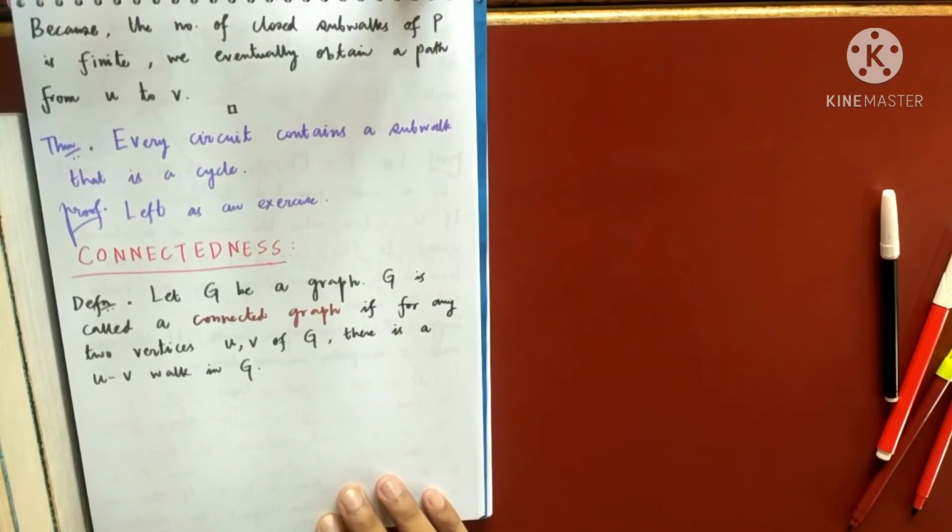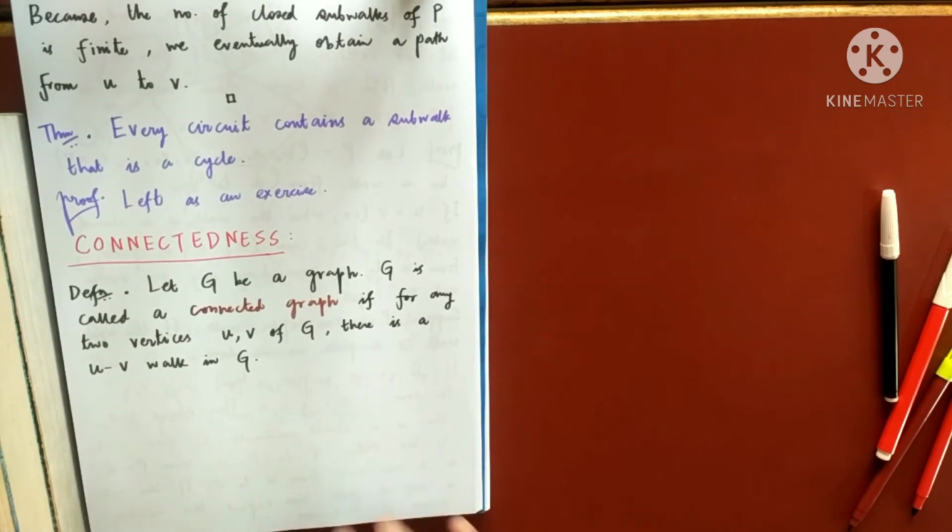When for any two vertices I get a walk from one vertex to the other. That means my graph is said to be connected if I can find a walk from any vertex to any other vertex. This is what I mean by a connected graph.